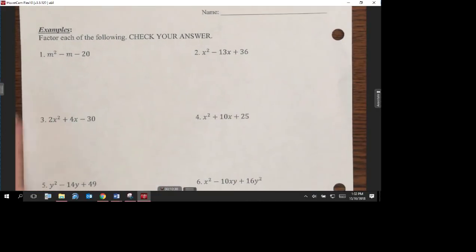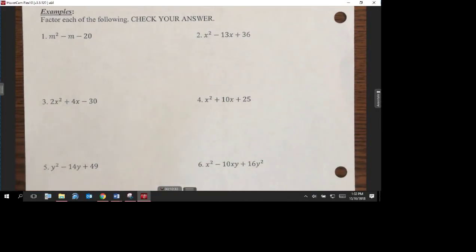Alright. Can you try 1 and 2? And then we will do number 3 together. You try 1 and 2. So this one's not done all the way, by the way. And same with 4.